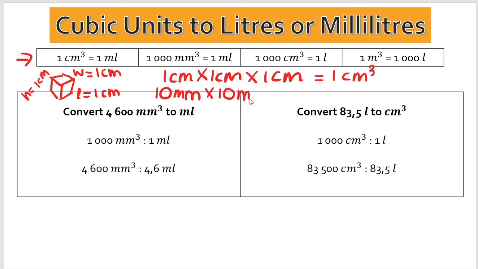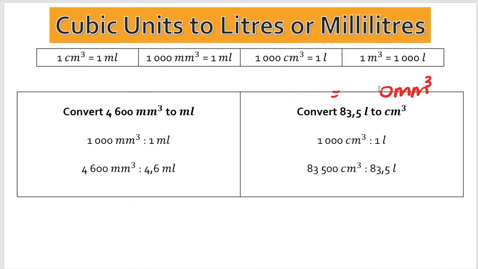So now it's 10 millimeters by 10 millimeters by 10 millimeters, and that gives me 1,000 millimeters cubed. That is why 1 centimeter cubed is equal to 1 milliliter, and 1,000 millimeters cubed is also equal to 1 milliliter. The same applies to 1,000 centimeters cubed to 1 liter, and 1 meter cubed is 1,000 liters.